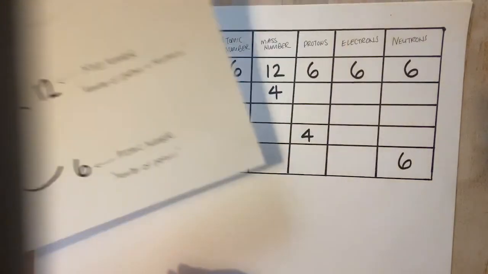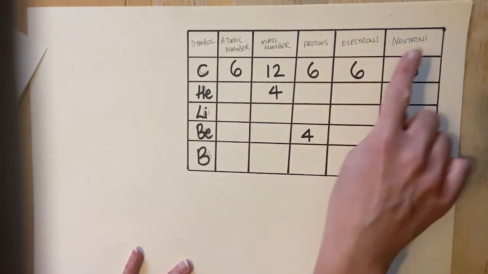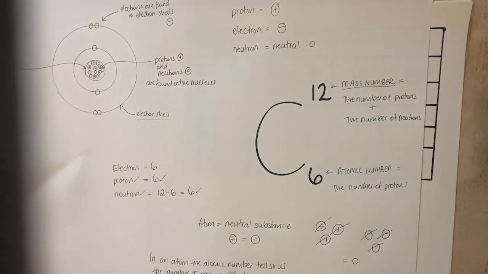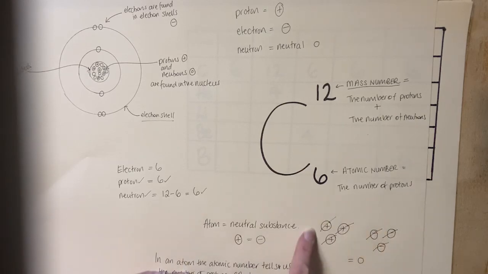Okay, if we look at our table, we're asked to find the number of protons, electrons, and neutrons. So electrons. In a previous daily task we looked at this in more detail, and we found that with an atom, the number of protons and electrons are equal, because an atom is a neutral substance. It has absolutely no charge whatsoever, which means that the positive protons must equal the number of negative electrons to cancel out the charges.